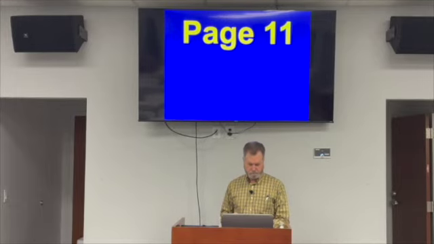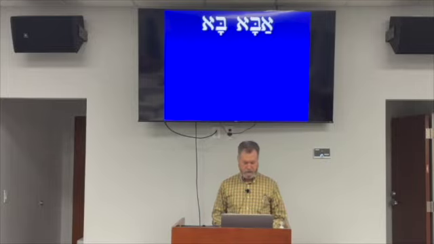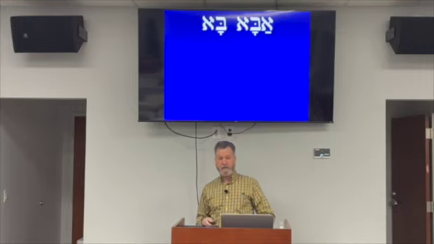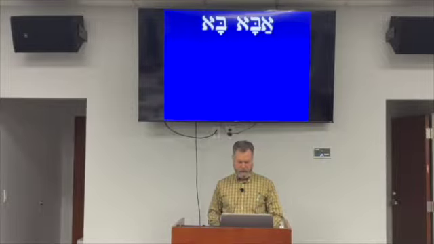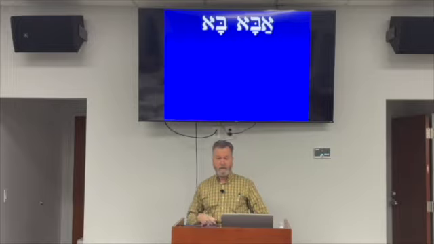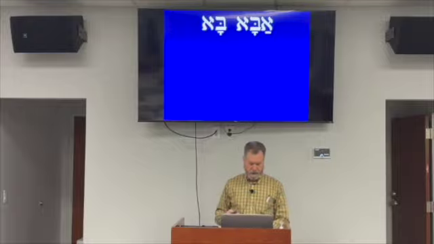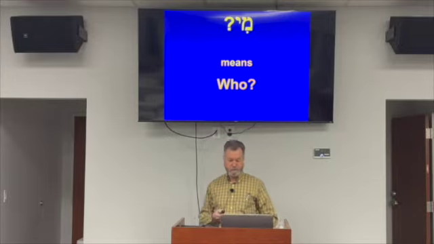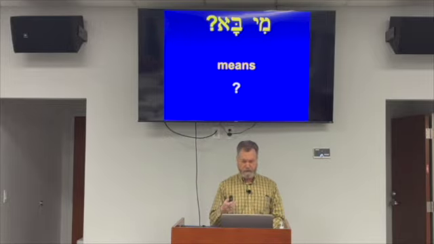Up in the blue, it says Ababa, which we learned last week. Here we learned that mi means who. If you'll remember from last week, ba means a male is coming. So mi ba means who is coming?